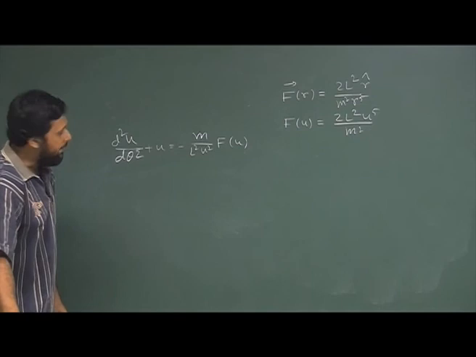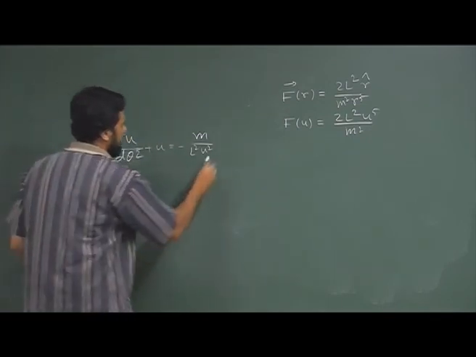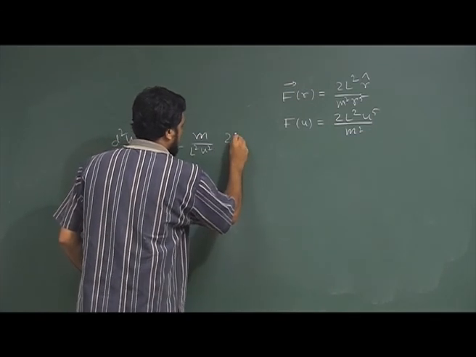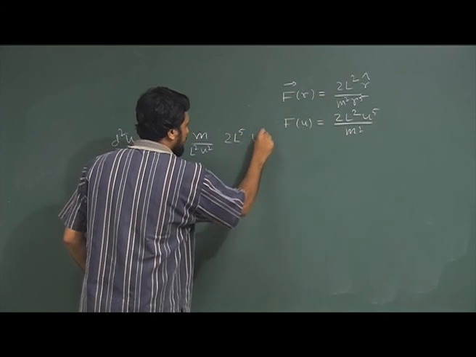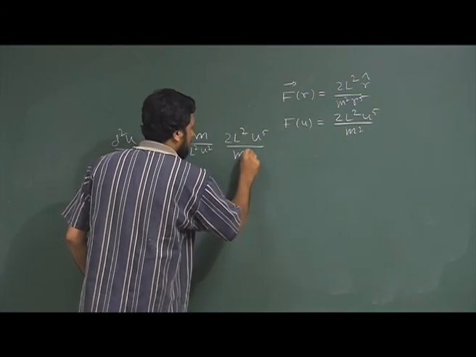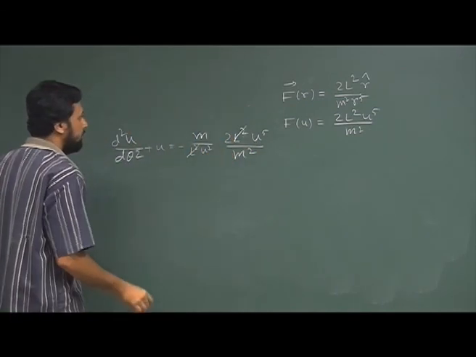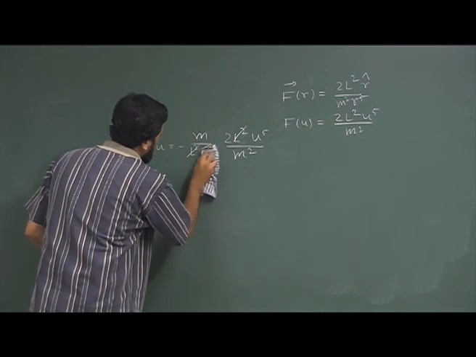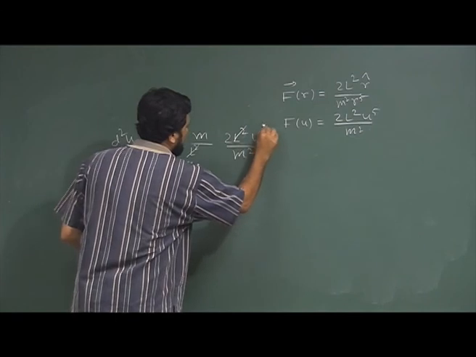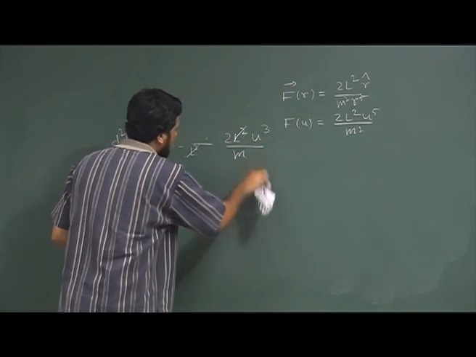When we replace it back here for f of u, L square gets cancelled out, u square is here, so we get u cubed, and we can also get rid of m here.